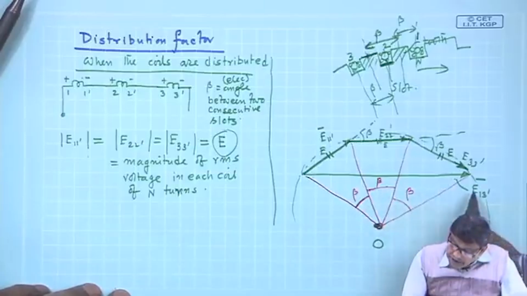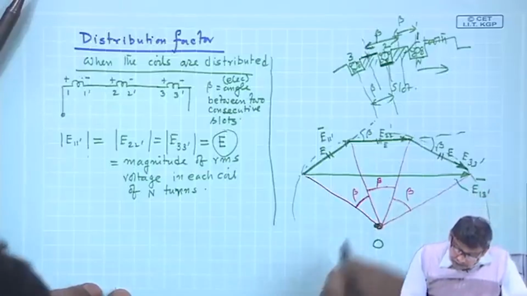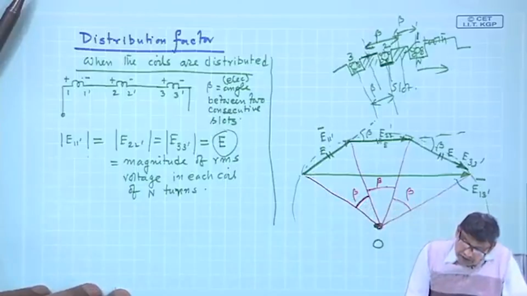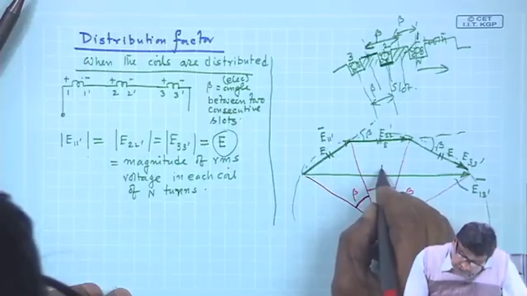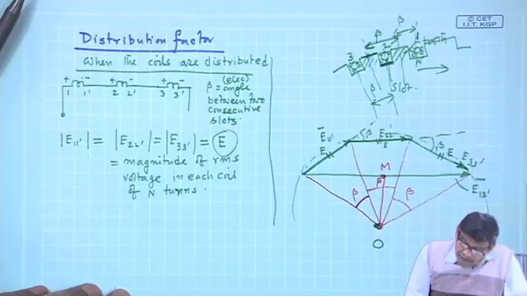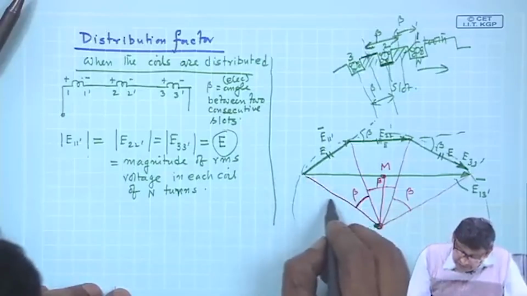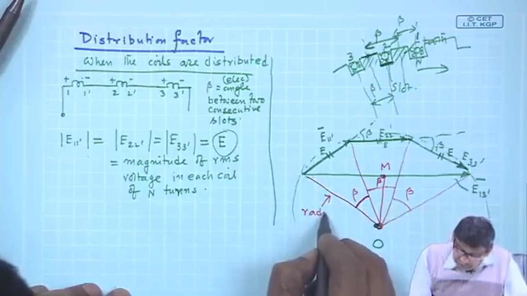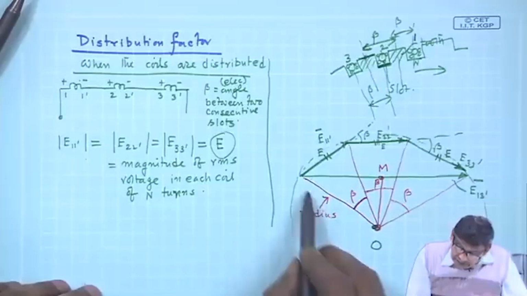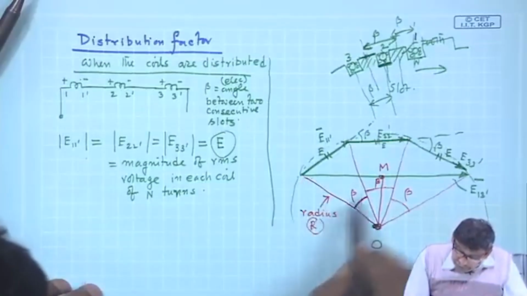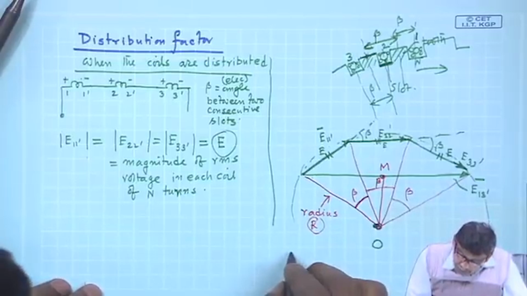Now, my problem is to find the magnitude of E13 dashed. To do this, I will drop a perpendicular from here to this, say this point is M, and suppose the radius of this circumscribing circle is capital R. Then in terms of this capital R, this length E13 dashed can be easily calculated. How?